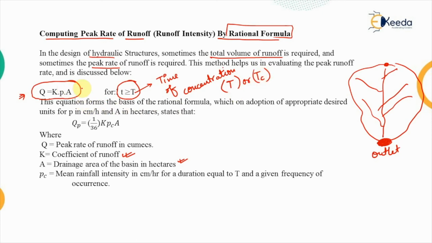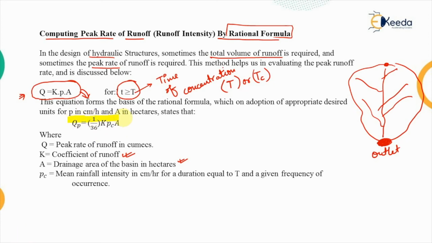Now this equation that we have discussed, Q is equal to K into P into A, forms the basis of the rational formula, which on the adoption of appropriate desired units for the precipitation is given below.